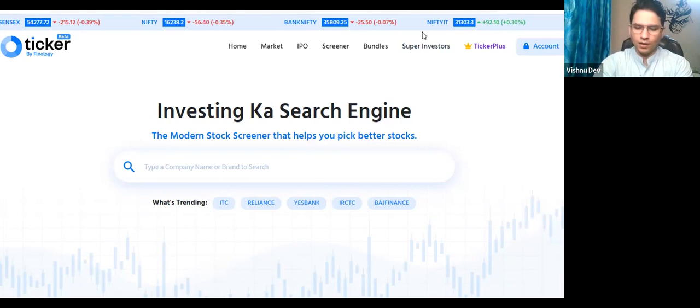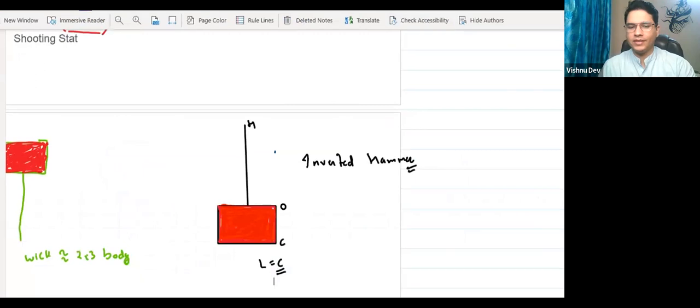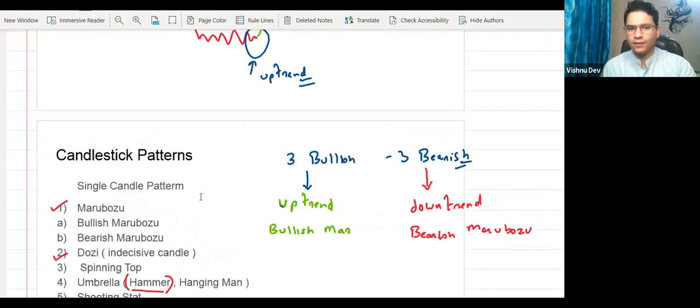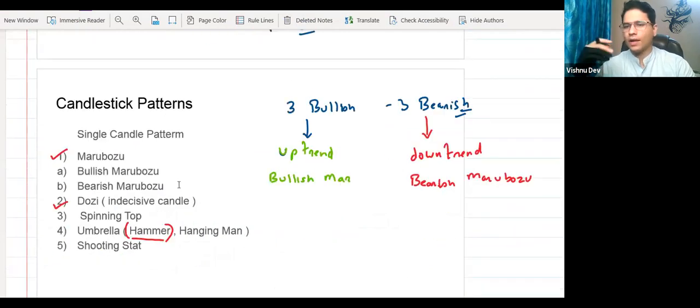Now, regarding whatever we studied in the last class, I hope all of you remember that we studied the basics of candlesticks. We studied some candlestick patterns, and Marubozu as well. Candlestick patterns are basically indicators that tell us about a change in trend, either uptrend, downtrend, or trend reversal.